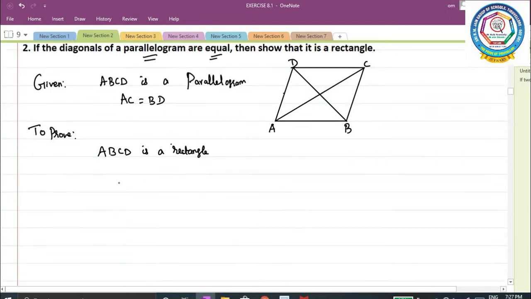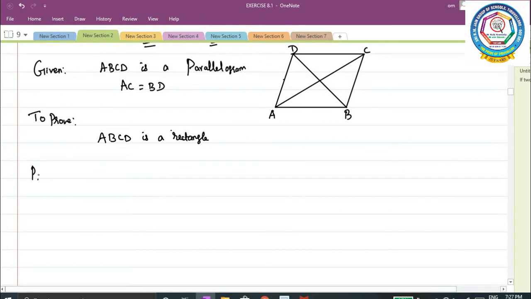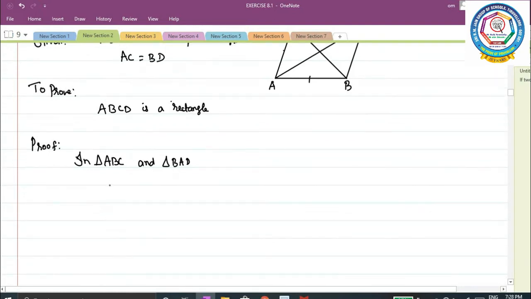So how am I going to prove this? Proof. Now I am going to take triangle ABC and triangle BAD. First I am going to prove these two triangles are congruent. In both triangles AB is common. Therefore AB is equal to AB.